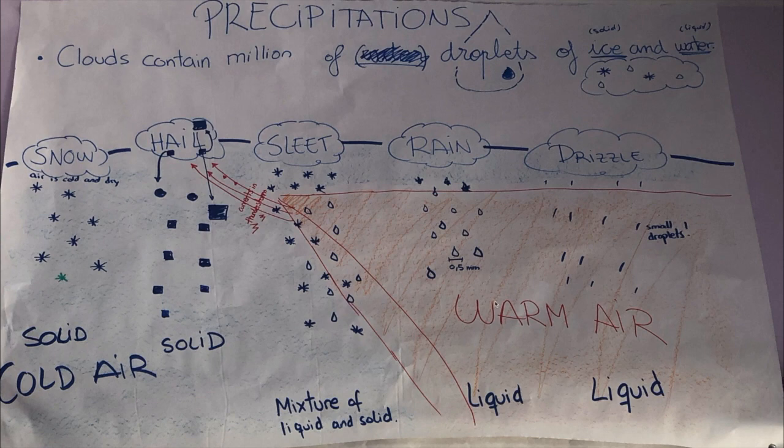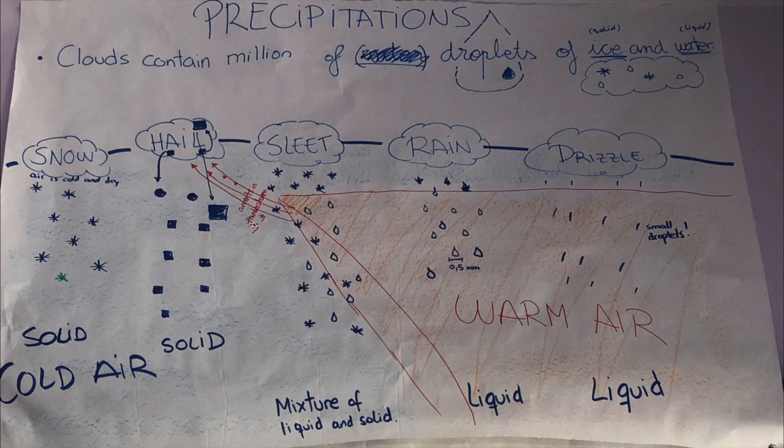And do you remember two types of precipitation that are solid? Excellent. We can have snow or hail. To have snow, we need the air cold and dry.